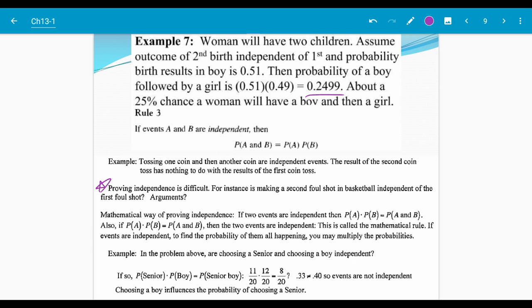The general consensus is that foul shots, where you're minimizing other factors and influences, are thought of as being independent of one another. Okay, assuming that it's not some end of game scenario where you're intentionally trying to miss to grab a rebound and stuff like that. So you're trying. Okay, foul shots are thought to be independent of one another, but you can't just go back to that verbal definition of one impacts the other or it doesn't impact.